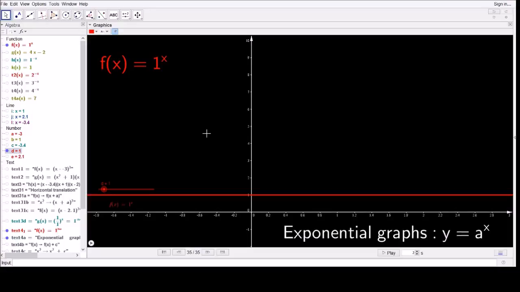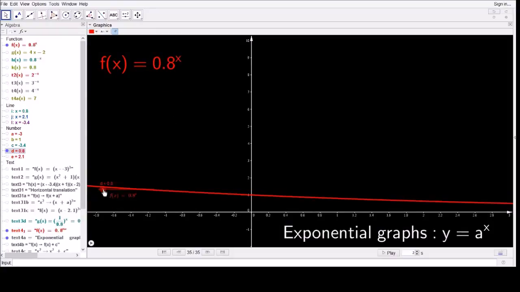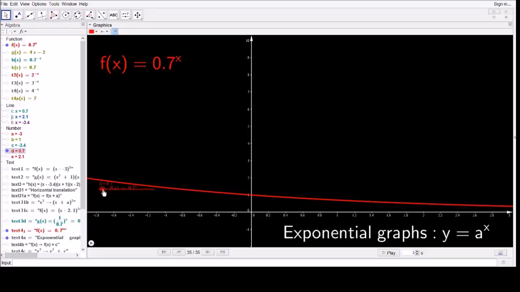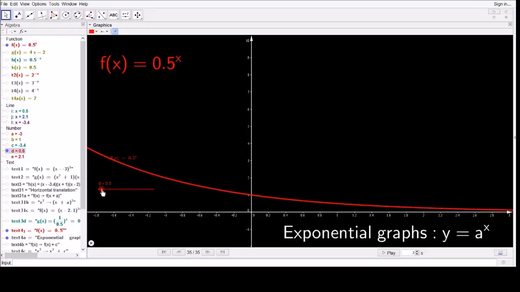I wonder what will happen then if we let the base decrease so it's still positive but it's less than 1. Let's have a look. It's 0.9, 0.8, 0.5.